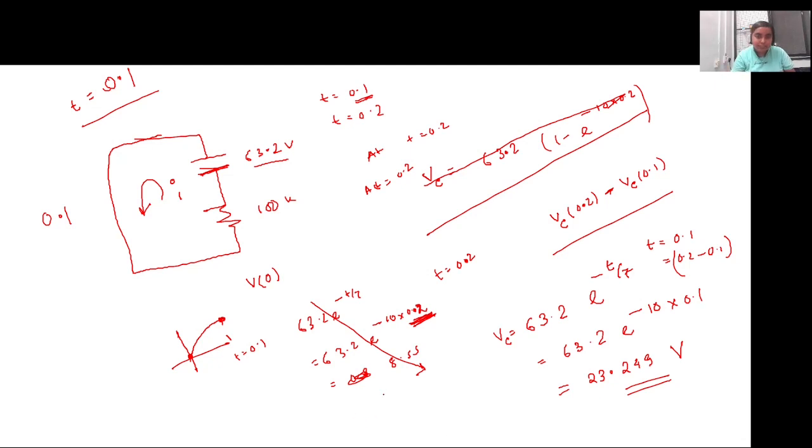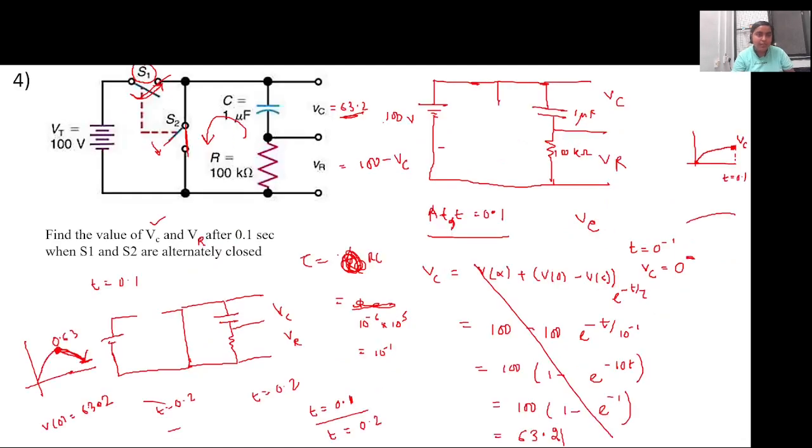For the next cycle, when again the switch S1 will be closed, the capacitor will have an initial voltage of 23 point something volt, and you have to calculate now for the time fraction of again 0.1 second. Although now time has elapsed to 0.3 second, for only 0.1 second it is charging. So you have to calculate according to that particular delta t how much it is charging, then again the reverse cycle of discharging happens.